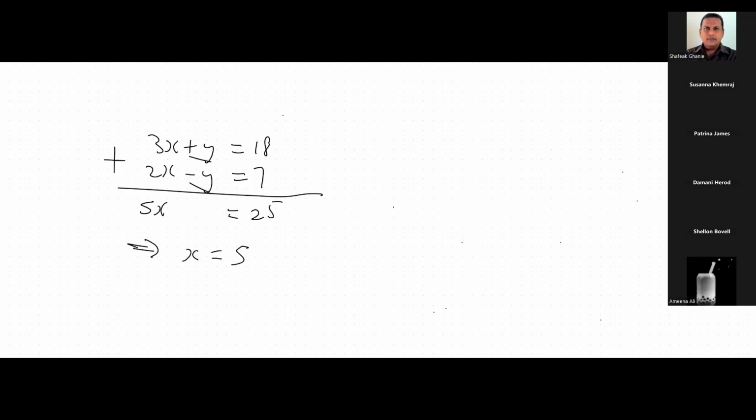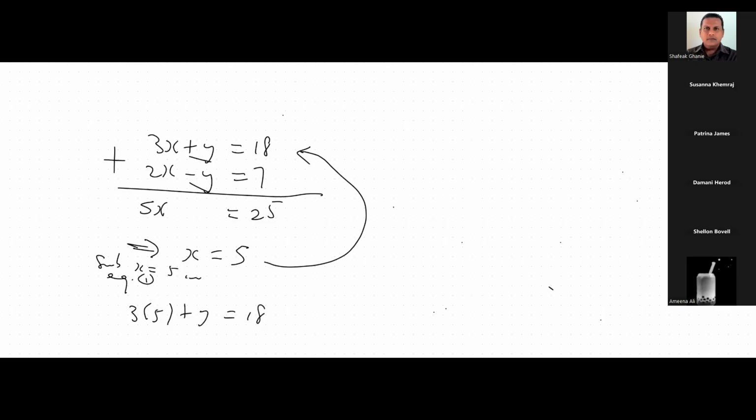Now that we have x is 5, we can substitute in any one of these to find y, right? So maybe you can use equation 1, substitute x equal 5 in equation 1, and you get 3 by 5 plus y equal 18.